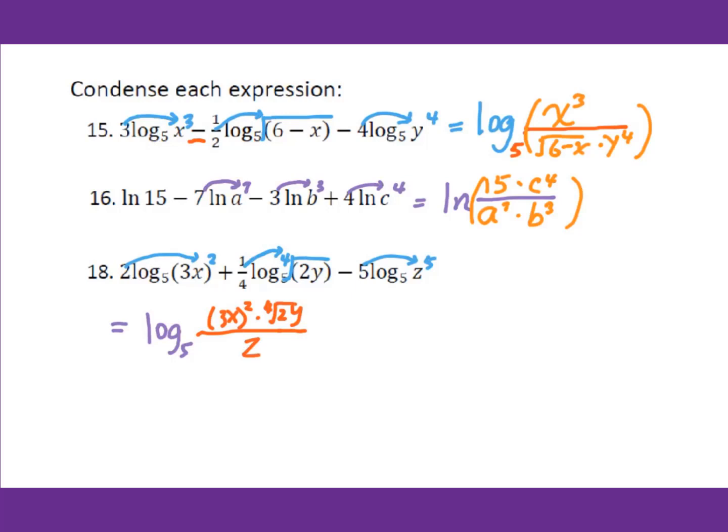Denominator, that will be z to the 5th power. You can work 3x squared out. So we got log base 5, 9x squared, 4th root of 2y, over z to the 5th power.